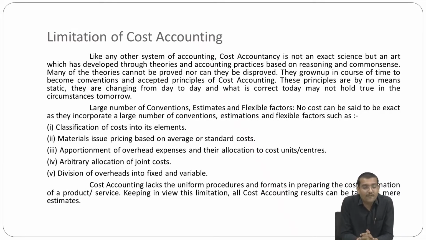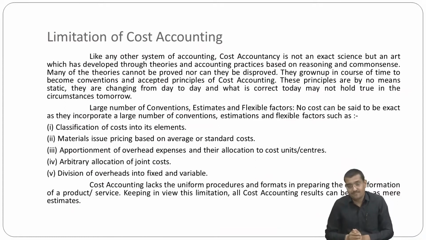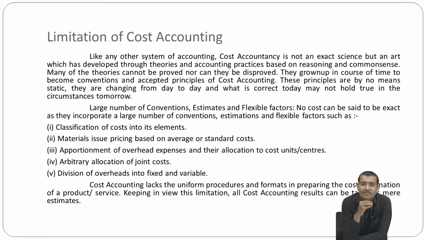For that, my dear friends, like any other system of accounting, cost accountancy is not an exact science, but it is treated as an art. So we can say that it is not an exact science, but it is an art which has developed through theories and accounting practices based on reasoning and common sense.